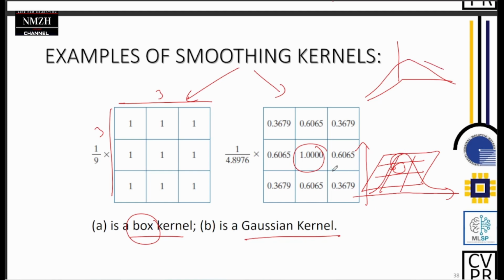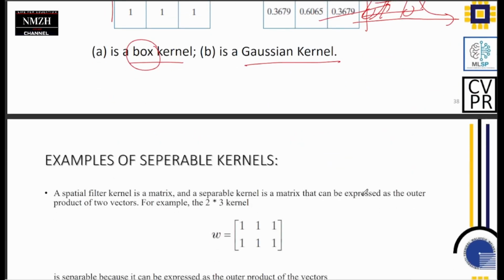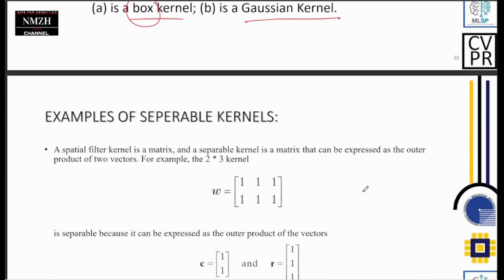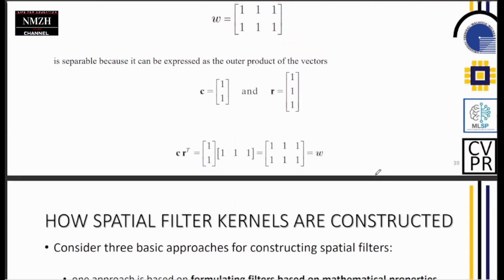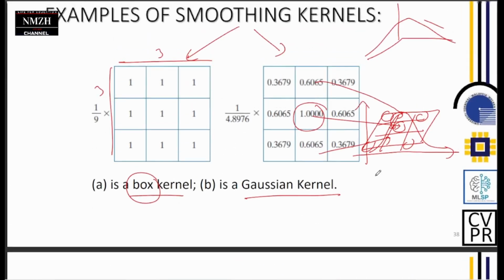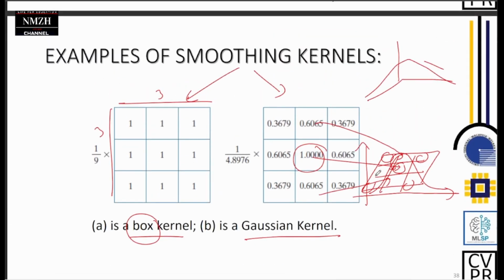Okay, so this one is this area, this one is that, and this one is the remaining parts, right? Okay, that would be Gaussian. So smoothing is basically to apply to the image f by using this particular tool, right?